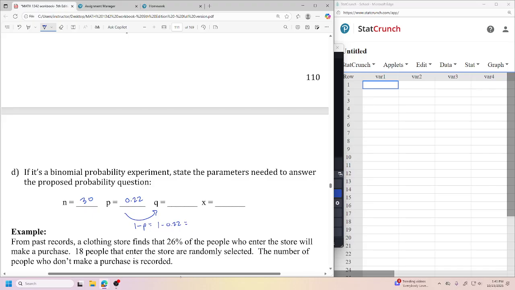What would be the opposite of 22%? It's not 80-something. 78. Very good. Could we do that in a calculator? Sure. That's the opposite. And then x: what could success be? It could be 0 all the way through 30.